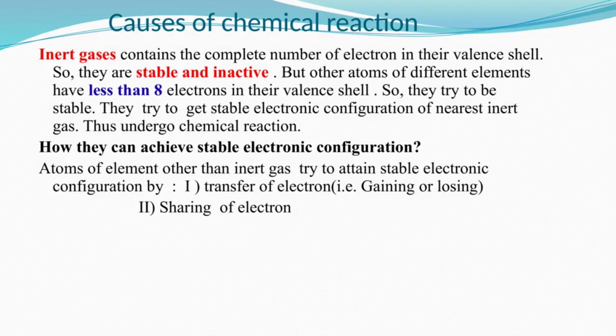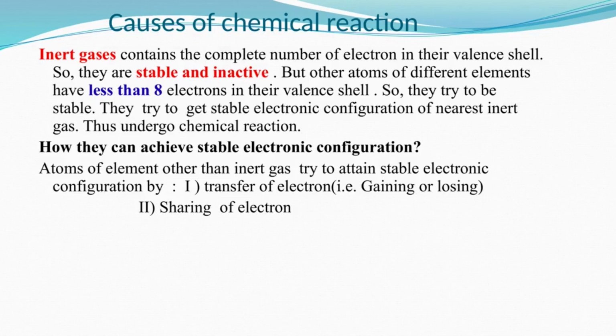So, here I have already explained what the cause for chemical reaction is. So, please look there. Inert gases contain the complete number of electrons in their valence shell, the outermost shell. So, they are stable and inactive, but atoms of other elements have less than 8 electrons in their valence shell, which we have seen in the table of electronic configuration previously.